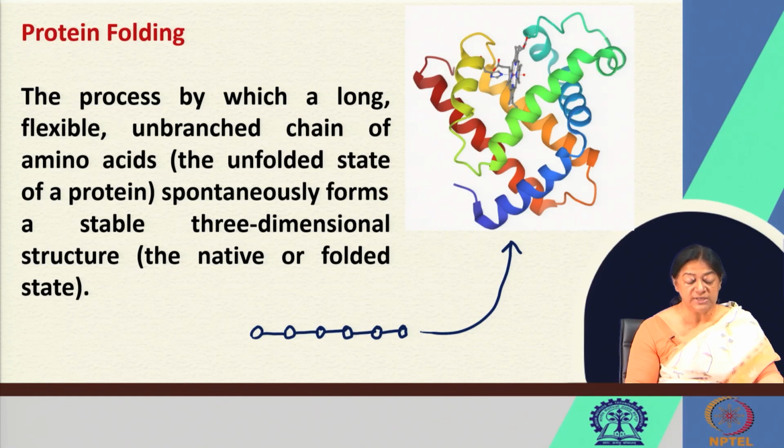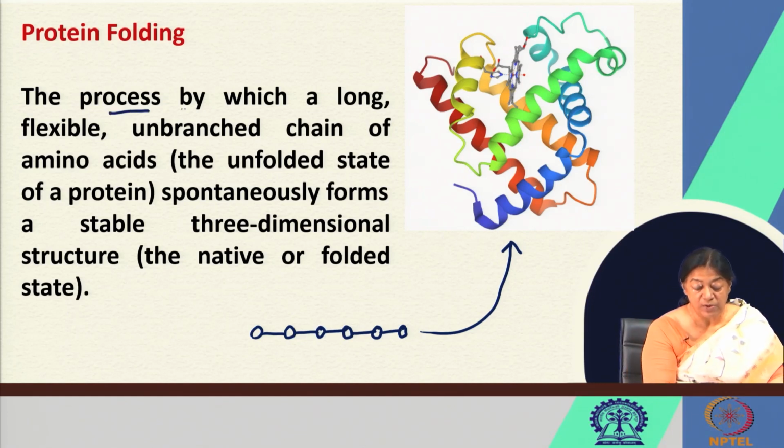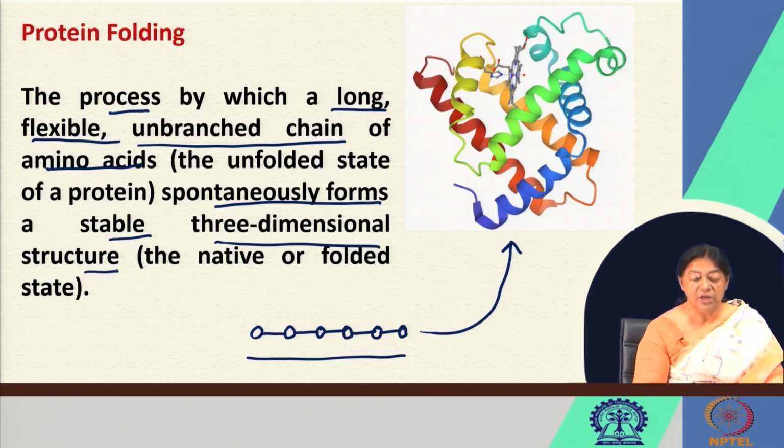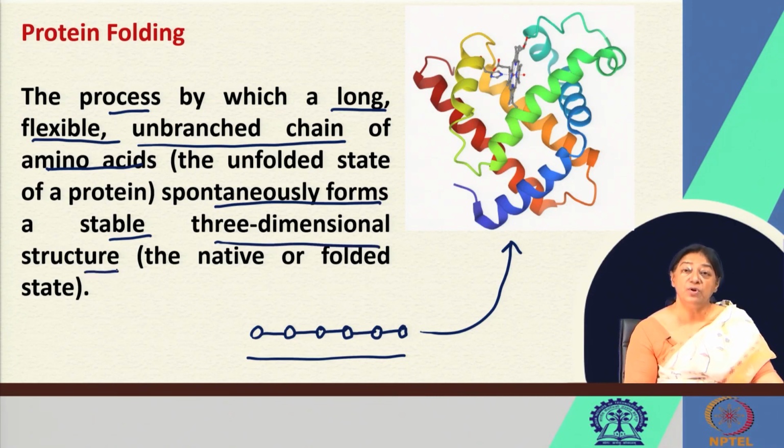It is the process by which the long, flexible, unbranched chain of amino acids, that is the unfolded form, will spontaneously form a stable three-dimensional structure that we refer to as the folded form or the native form of the protein. This is important because for the protein to function, it has to fold in this fashion.